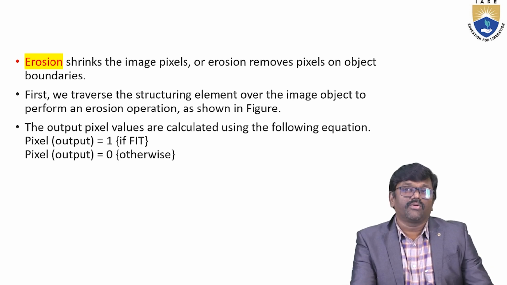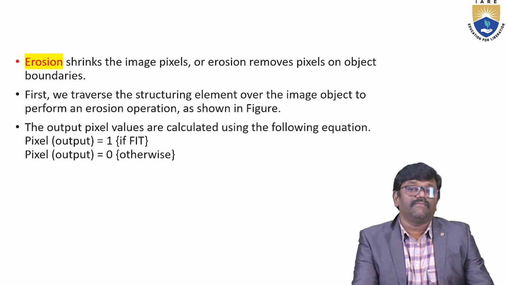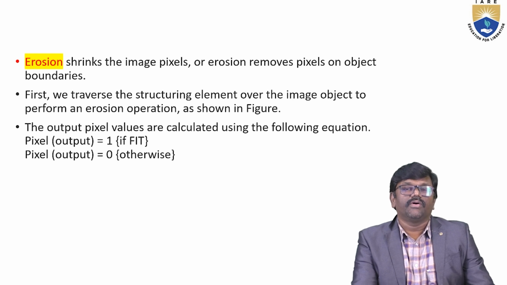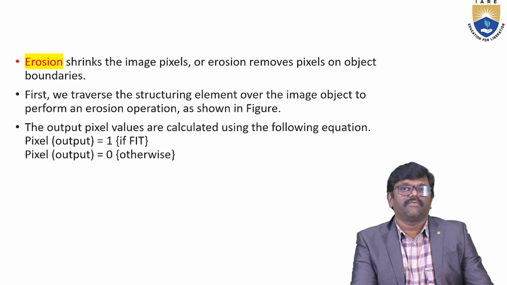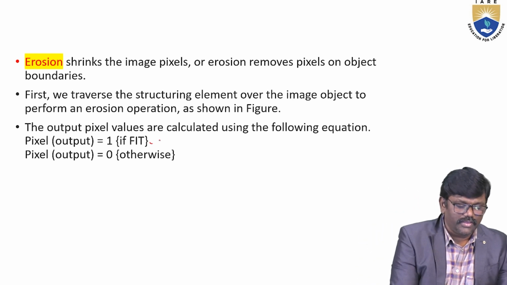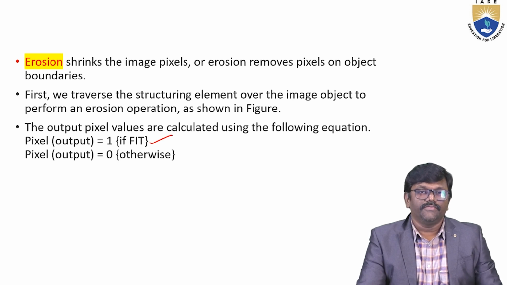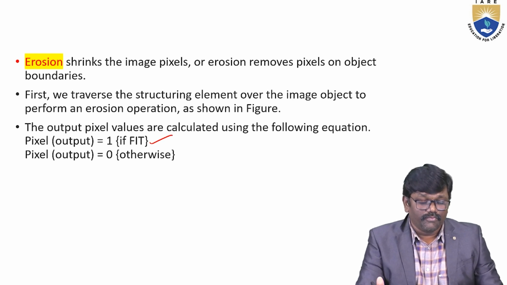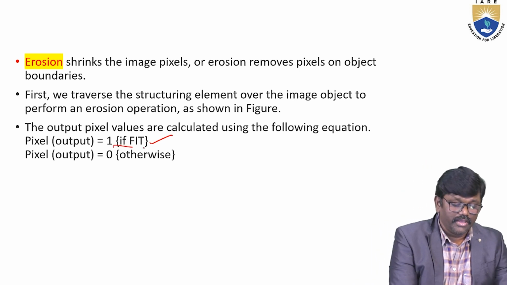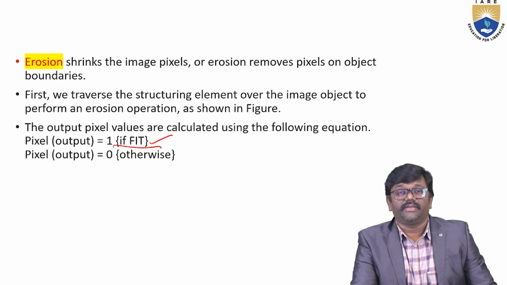How are you going to perform that? The output pixel values are calculated using the morphological operation with the following equation. The equation we are using is: pixel output equals 1 if the structuring element fits.